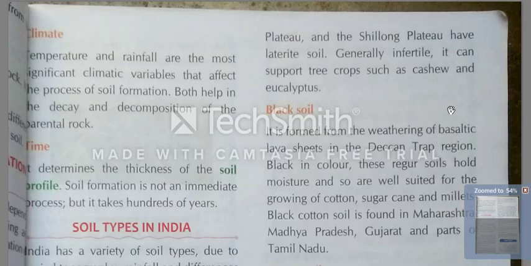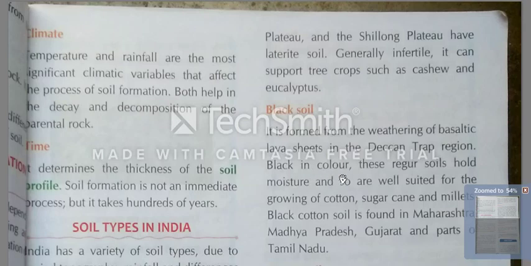A particular place has been shown, because we have studied that different areas having different rainfall and different parent rock have different types of soil. Here it is formed from the weathering of basaltic lava sheets, the same lava which comes through volcanic eruptions, in the Deccan Trap region.